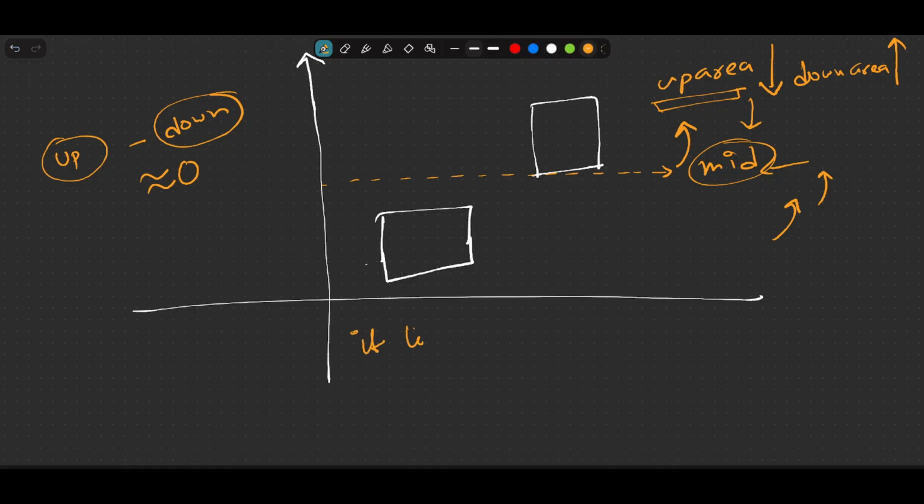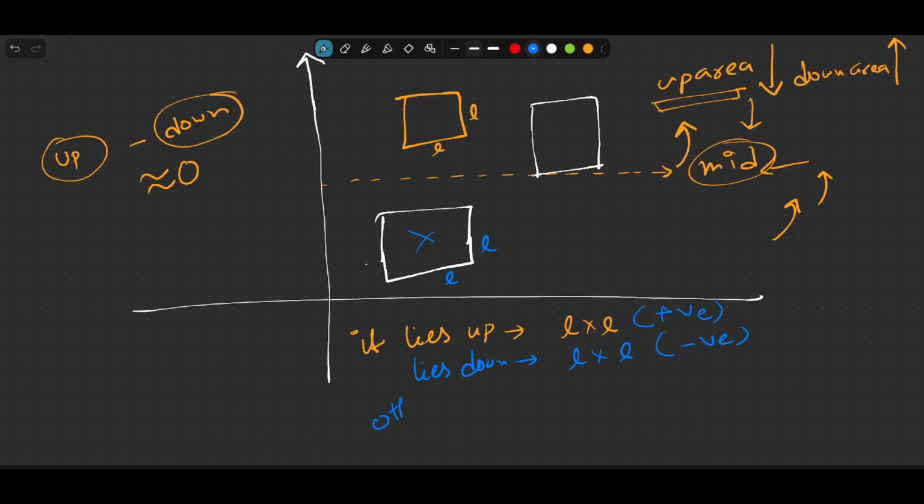If it lies up completely, right, then we can add L into L, because this completely lies above our particular mid. Okay, if it lies down completely, then again we have this L into L, but we will decrement in the case of down and increment in the case of up.